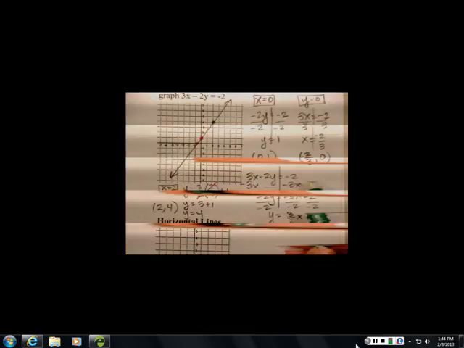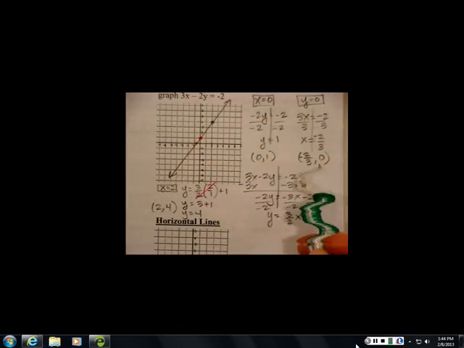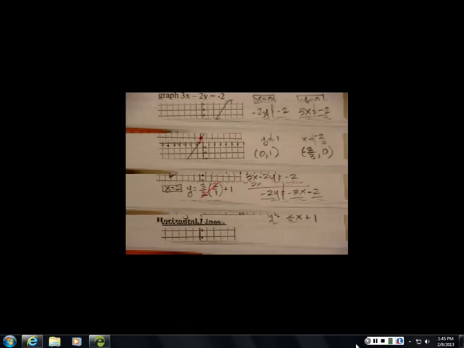So this is my graph. Again, if you're getting fractions in your points as you're picking points, what you can do is solve this for y and then choose x values that will make those fractions go away, which is what we did here.